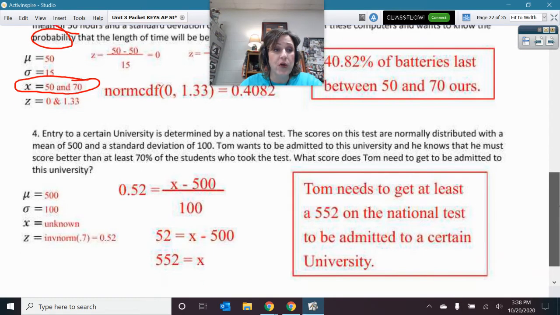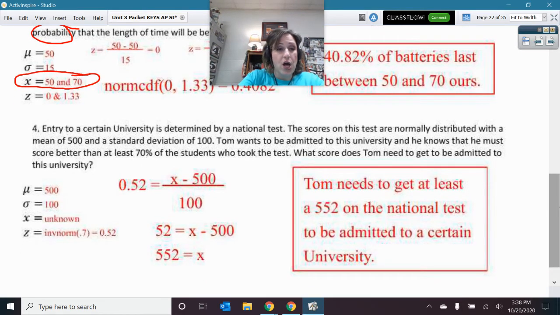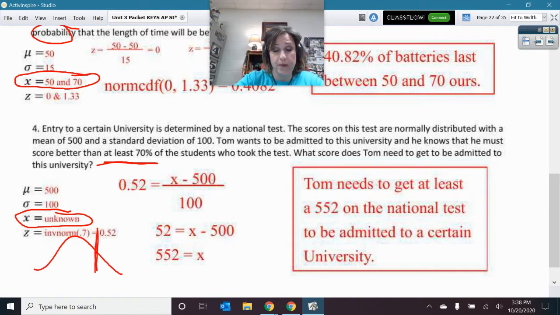So now this one is unknown x values. Okay, so then that means I got to get my z-score some other way, some other information. Well, look, at least 70%. That means I want 70% or higher.